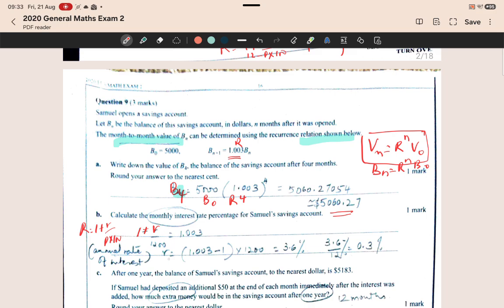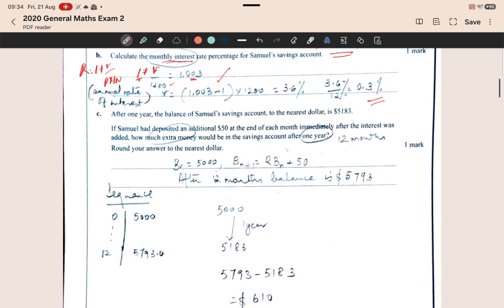And when you calculate r, 1.003 minus 1 times 1200, that gives you 3.6% per annum. Divided by 12, because they've asked you the monthly interest rate, is 0.3%. There are many ways of going about this, but some amount of working is definitely required.